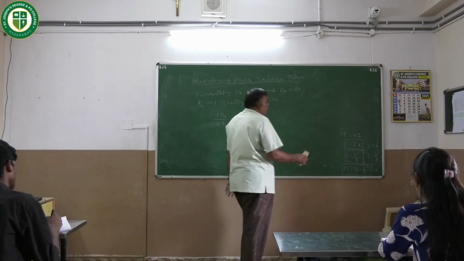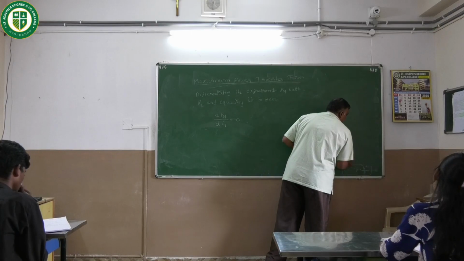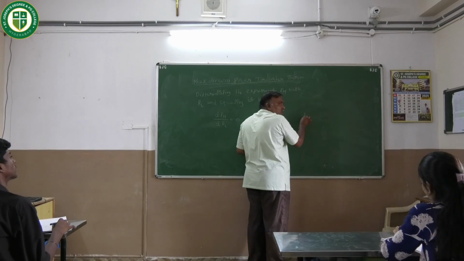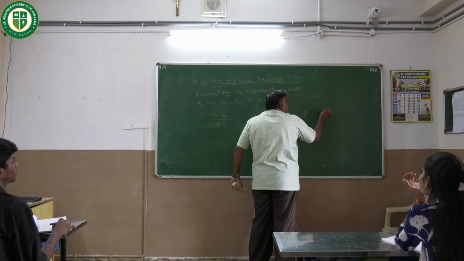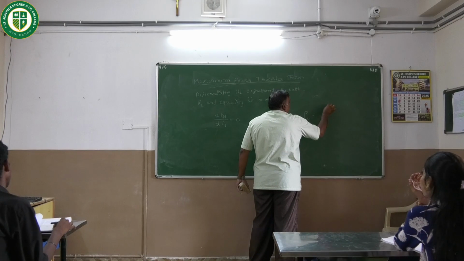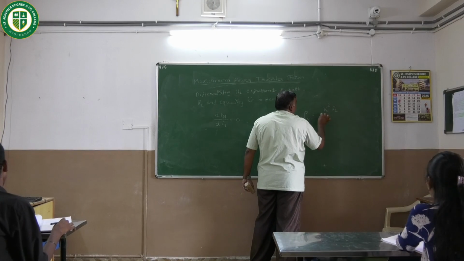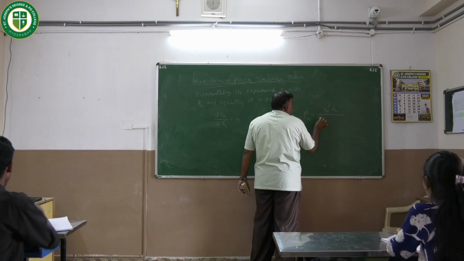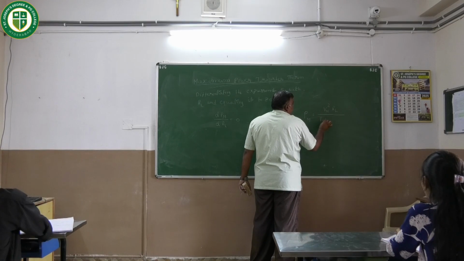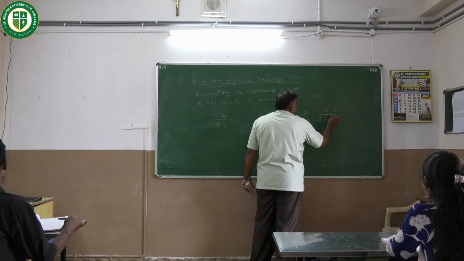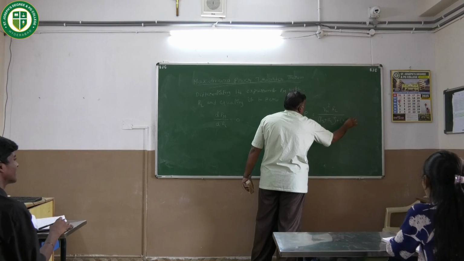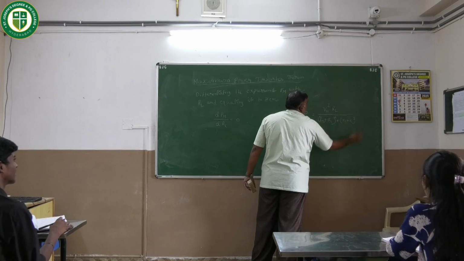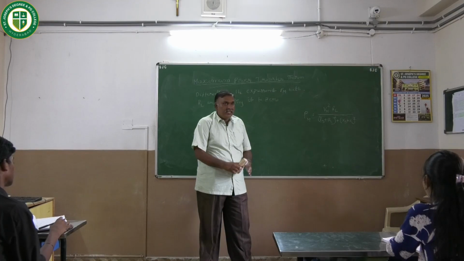If you see the expression of your PM, it is VM square into RL by RS plus RL whole square plus XS plus XL whole square. Am I right, class?